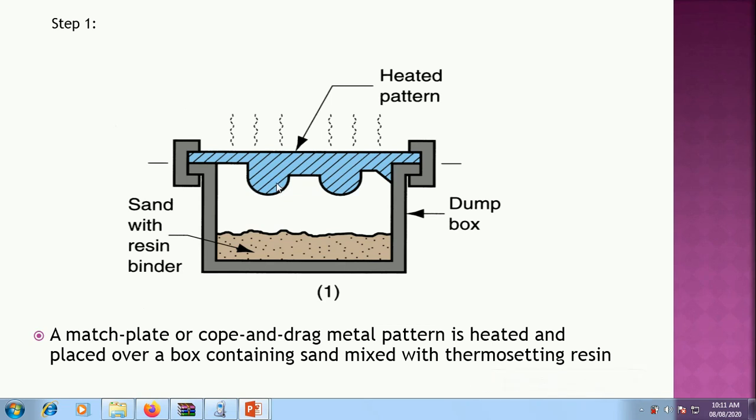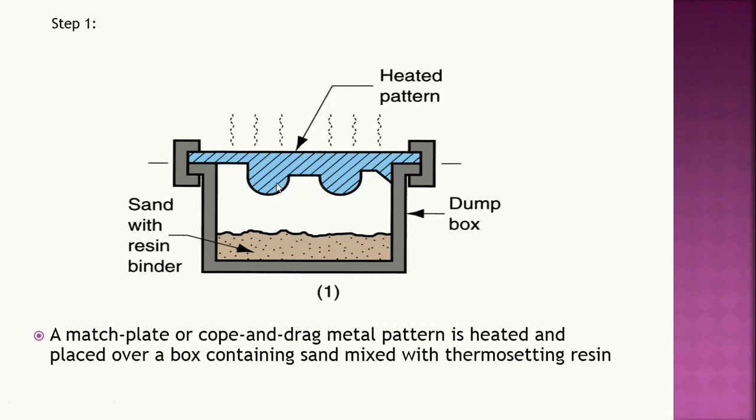We have seen match plate pattern, cope and drag pattern, gated pattern. Likewise, any type of pattern you can use for this shell molding process, but it must be made of metal, because we have to heat it to 200 to 250 centigrade. A match plate or cope and drag metal pattern is heated and placed over a box. This is the dump box in which sand is mixed with a thermosetting resin binder. This is the first step.